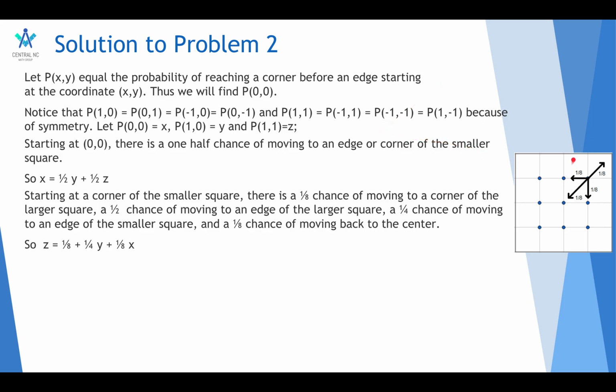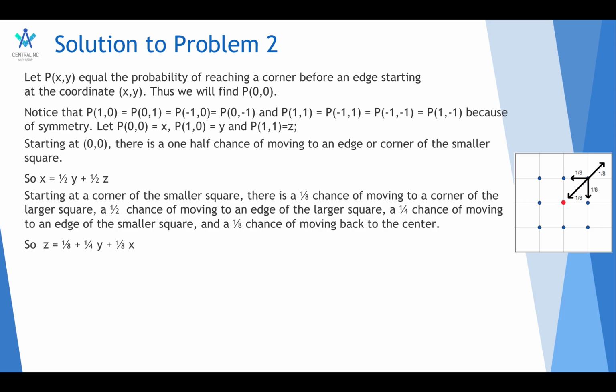So since the square is symmetric, each of the four corners of the square will have the same p value. Each of the interior points on the sides of the square will also have the same probability of hitting the corner.